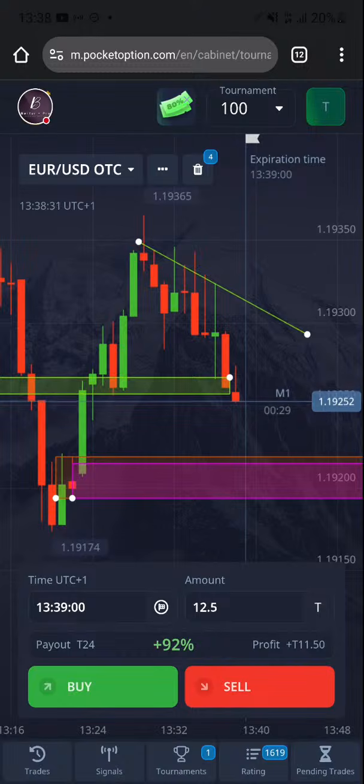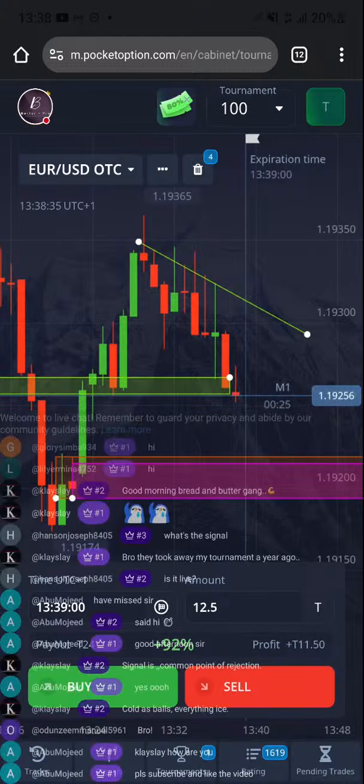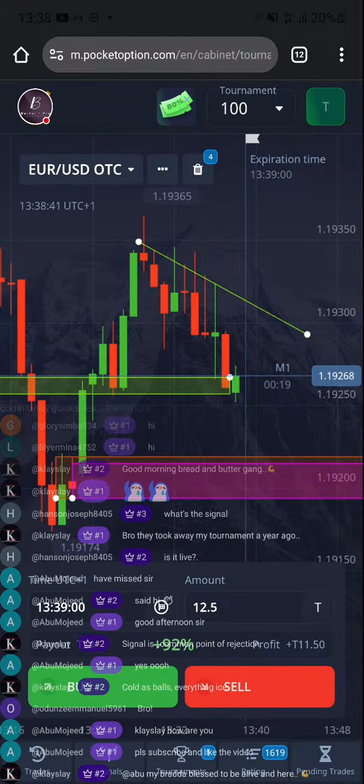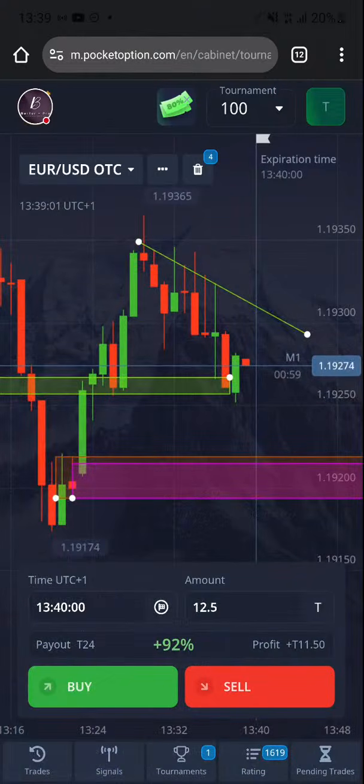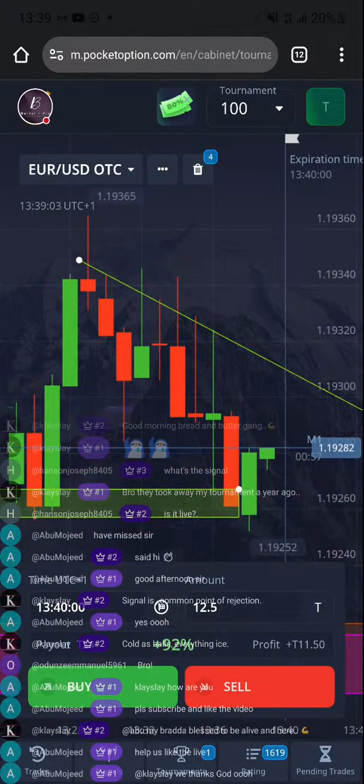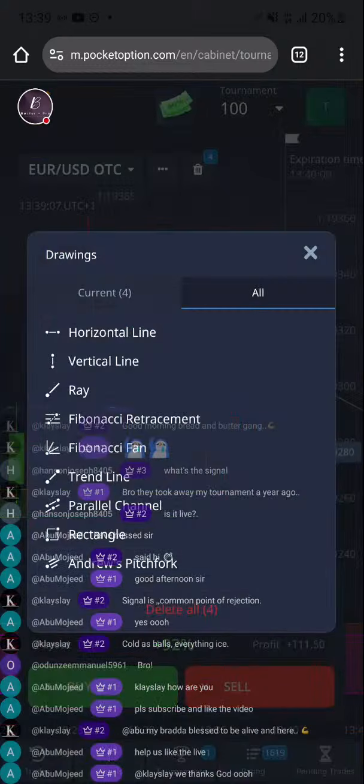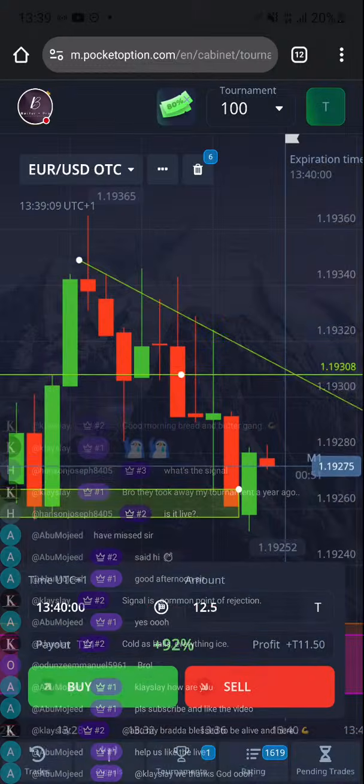Okay, I'm waiting for price to come down into this entry so that we can go with the buyers. We have an order block set up here. If price comes back into this common point of rejection, we'll have a good trade.